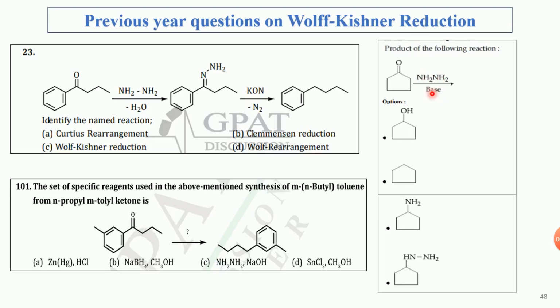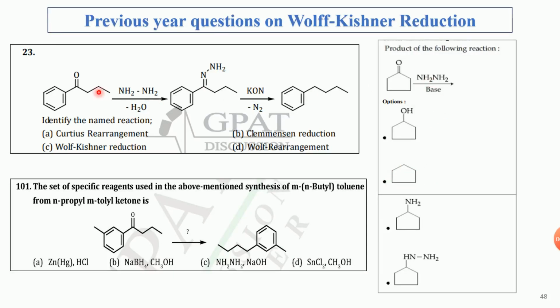We know that hydrazine and base are used to convert the ketone into the alkane, and the change happens only on the carbonyl functional group, which is converted to a CH2 group. If you see all the options here, the CH2 group is only present in option 2, so option 2 is the correct answer for this question.